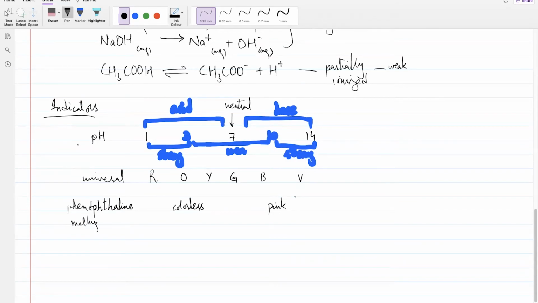Methyl orange is yellow in acid and red in base. और बीच में एक पोर्शन होता है जहां पे वो ऑरेंज होता है, लेकिन that portion is not exactly 7. वो 7 के नीचे भी है, 7 के ऊपर भी है, तो it can be confusing. You get a weak base, वो आपको आप बोलते हैं ऑरेंज, तो you get a weak acid, उसमें भी वो ऑरेंज कर देगा, तो हमें पता नहीं चलेगा उससे कि वो एसिड है या बेस है. इसलिए हम इसको जब भी यूज करते हैं एग्जाम में, हम ऑरेंज की बात ही नहीं करते. We just say it's going to be yellow for acid, red for base. बात खत्म. हम कोई और तीसरा कलर देते नहीं है.